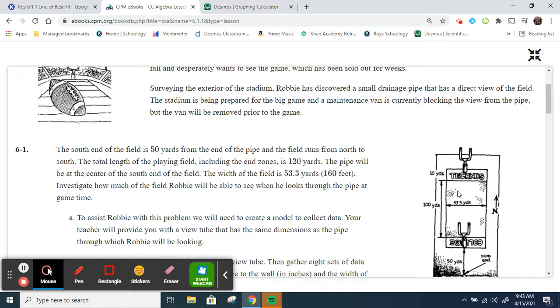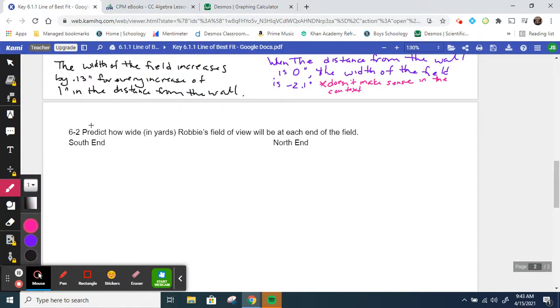But when we talk about the north end, it'll be the 50 plus this 10 plus this 100 plus this 10, which will actually be 170 yards. So the south end of the field is 50 yards away, and the north end is 170 yards away.